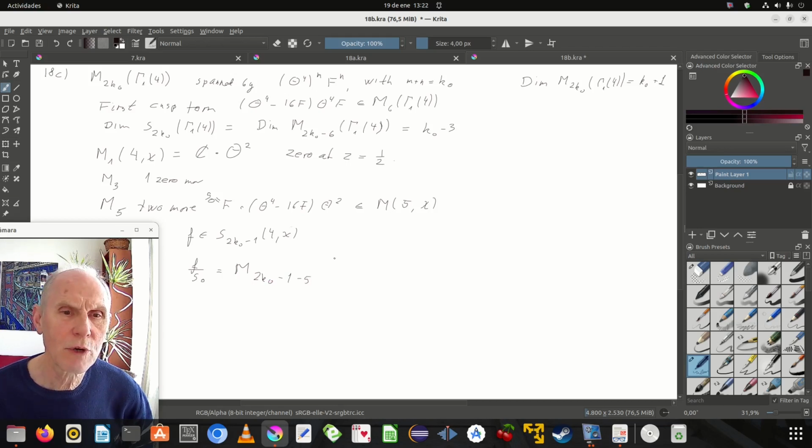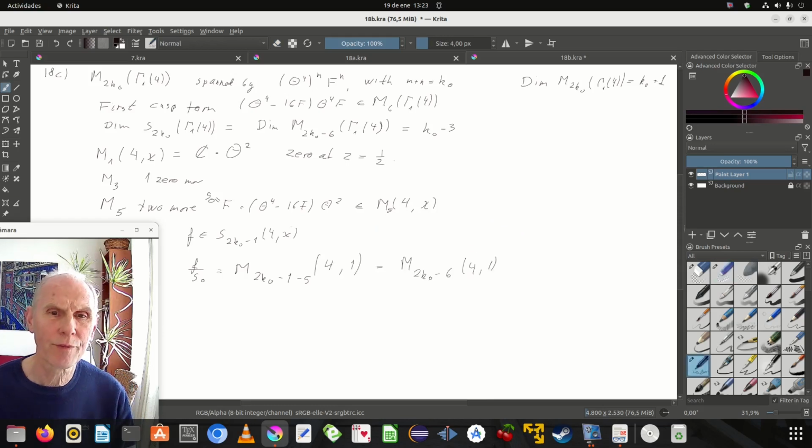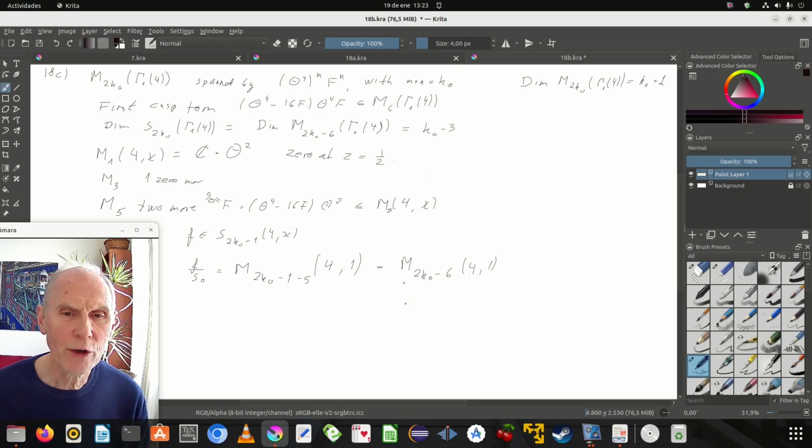And then it's the two chi's divided by each other. Now what have I done here? It's a 5 and we already know the dimension of this space.